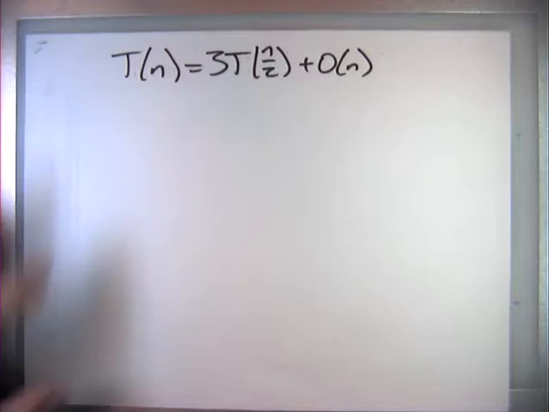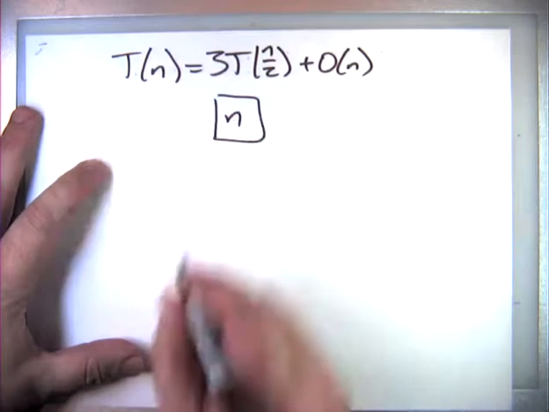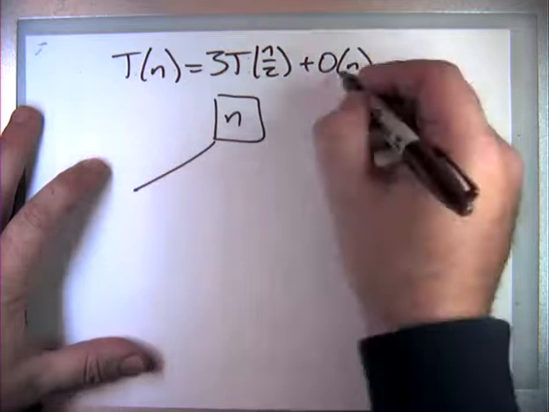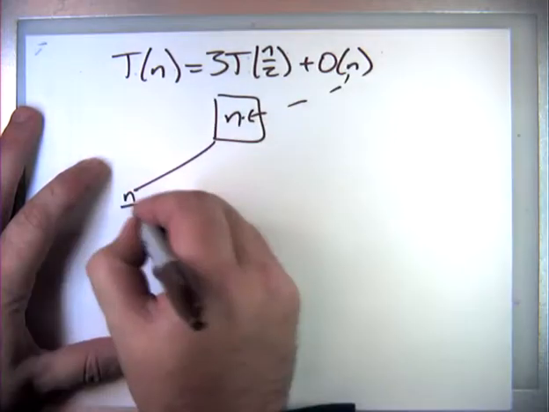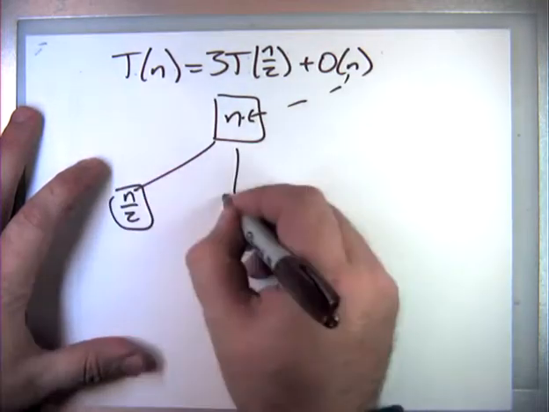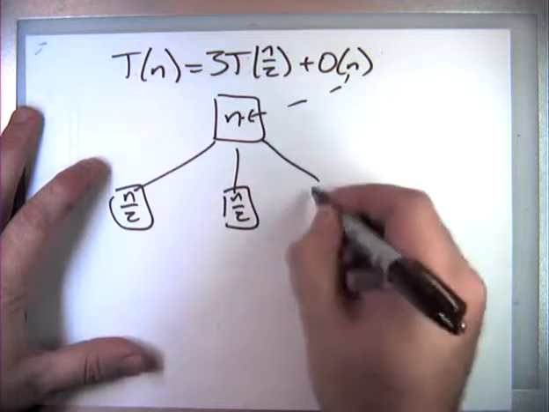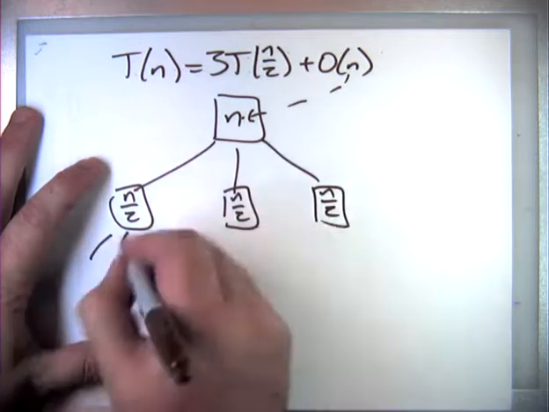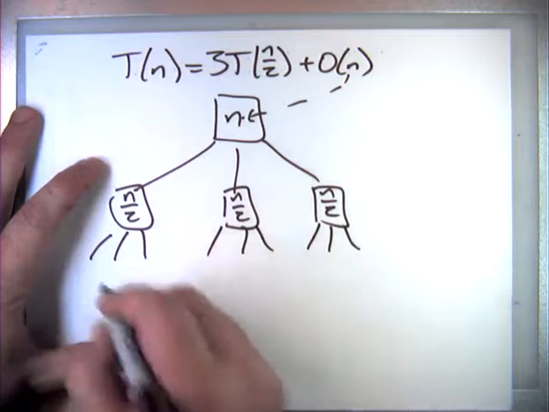Okay. So at the top, I have a linear amount of work from this n. Then I have 3 subproblems, each of size n over 2. And then 9 sub-subproblems, each with size n over 4.